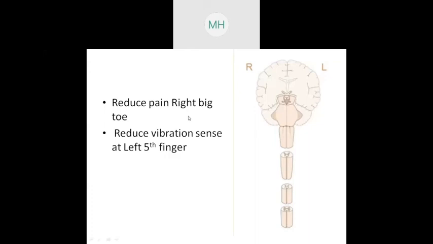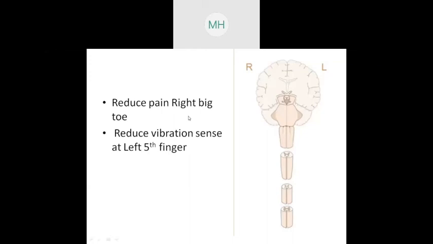So this pain, the first symptom, is actually from the spinothalamic. And then the vibration sense is actually from the posterior tract. So you have a diagram of the CNS tract. This is the upper motor neuron part.